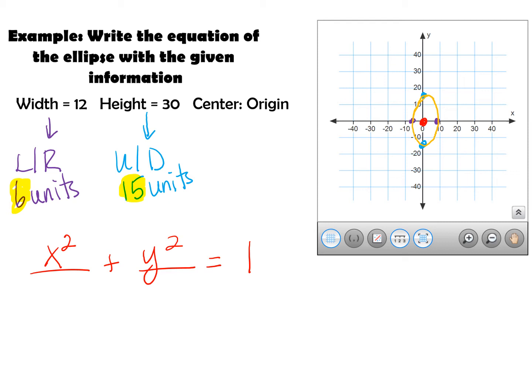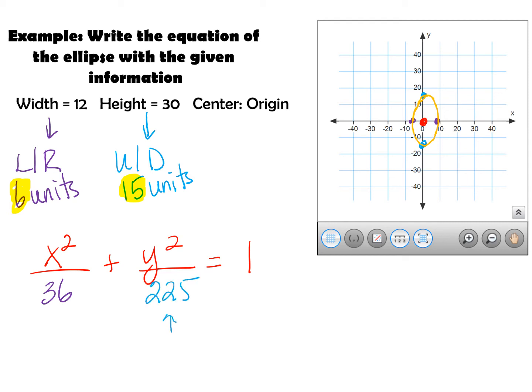And so the numbers that go under the x and y, again, left and right, is your horizontal. So that's going to go underneath your x. So that's 6, but remember it's the a squared and the b squared. So my 6 squared will be a 36. And then when I do the 15, and remember you have to square it, that 15 squared gives us the 225.